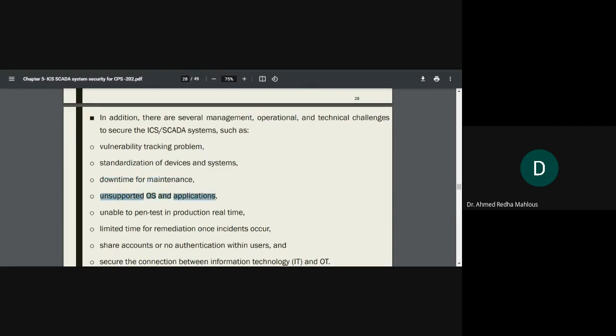Sometimes you do have unsupported operating systems and applications inside those devices. It is not easy to do real-time pen testing in production. If you do have devices and machines that are running and producing in the production line, and you cannot turn down those machines, it is not easy to do pen testing on them, because you might cause some problems. If you are testing for a DOS, for instance, you might cause a DOS on those machines and they will stop.